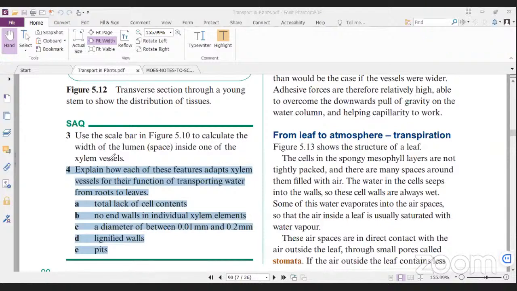How does this facilitate the movement of water in the xylem? How does that facilitate the function of the xylem vessel?